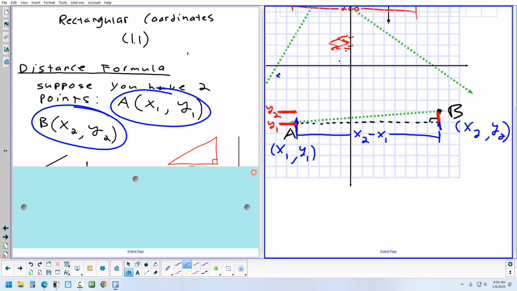Yep. y2 minus y1. We just subtract them. So if y2 is at 7 and y1 is at 6, if I subtract the 2, it'll tell me how far apart they are, which is the height of that triangle. So this side is y2 minus y1.